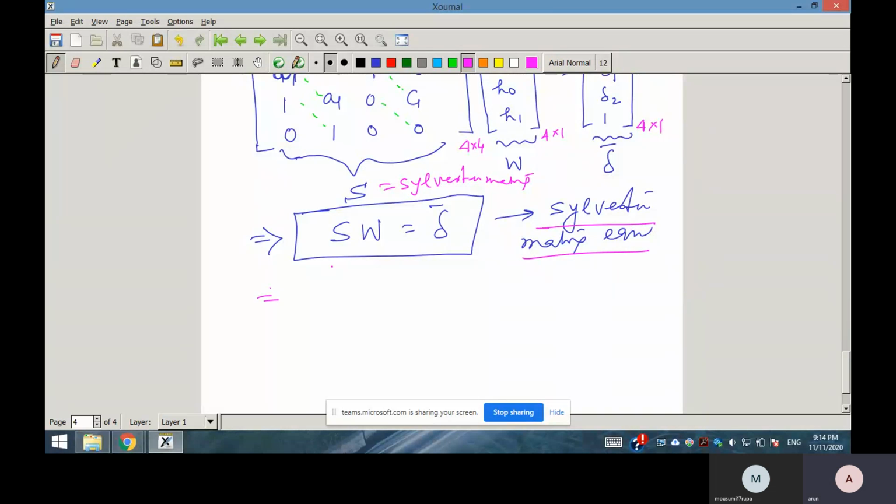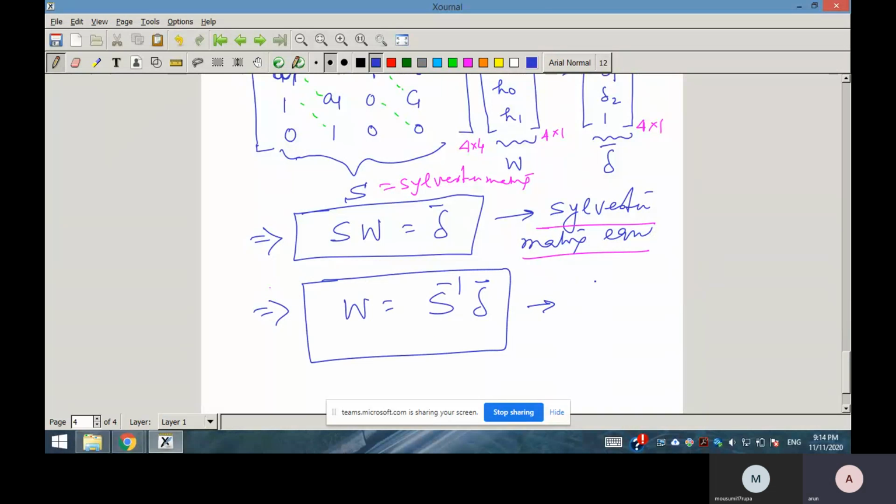So this will imply what? You can easily determine the controller parameter. So this implies W is equal to S inverse into delta bar. So this is very important. This is the controller parameter vector, because W is the controller parameter vector.